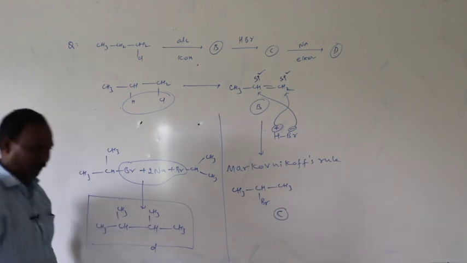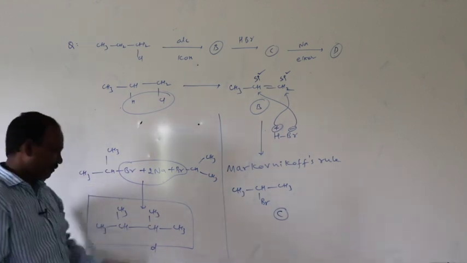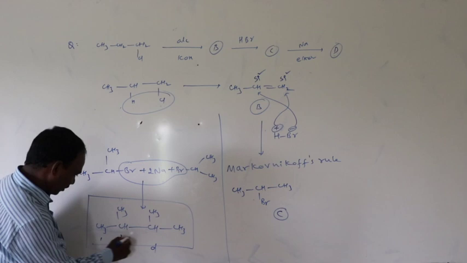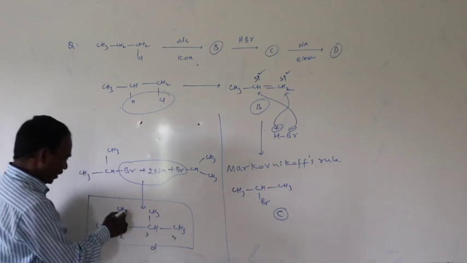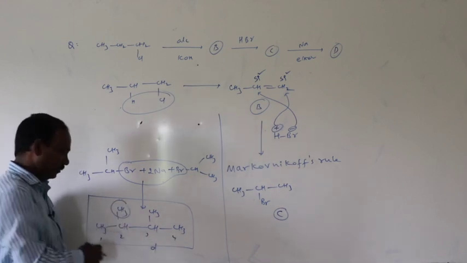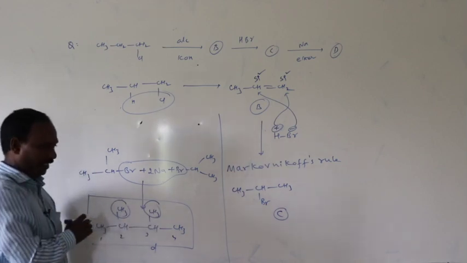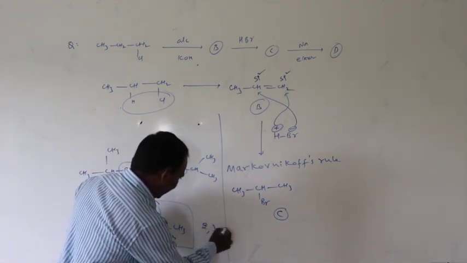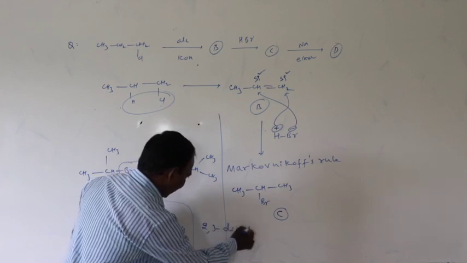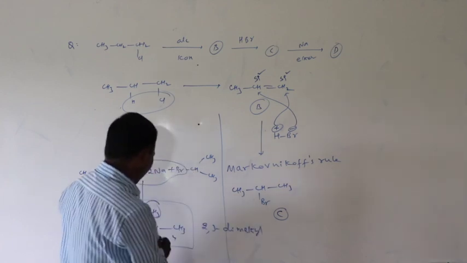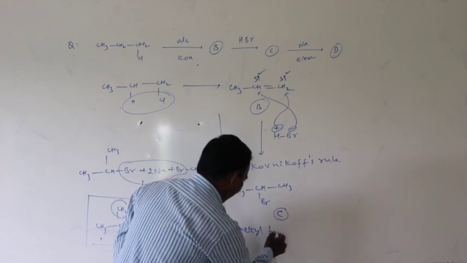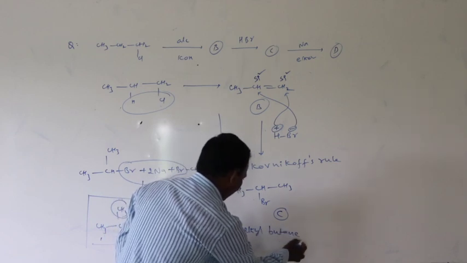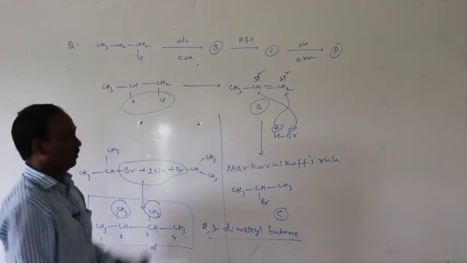What is the IUPAC name of this D compound? Numbering 1, 2, 3, 4, at second position a methyl group, third position a methyl group. So its name is 2,3-dimethylbutane.